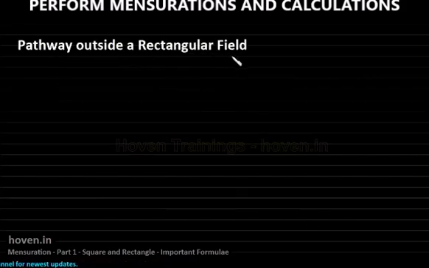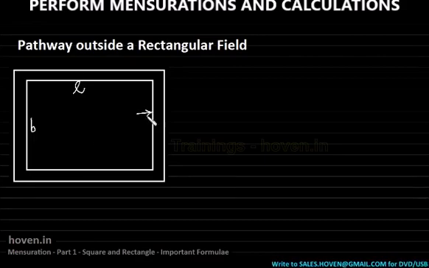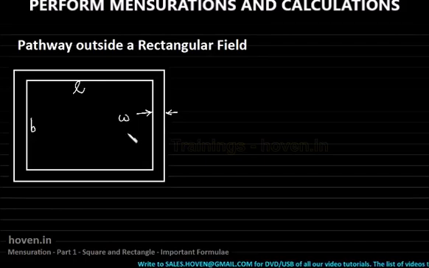Pathway outside a rectangular field. Suppose this is a rectangular field of length L and breadth B. Let the width of this rectangular pathway around the field be W. The width is uniform on all the sides.